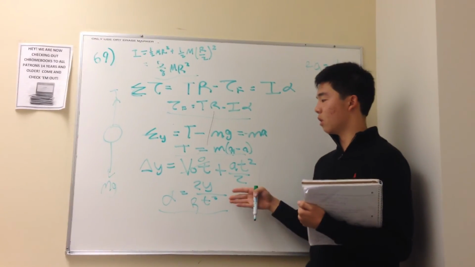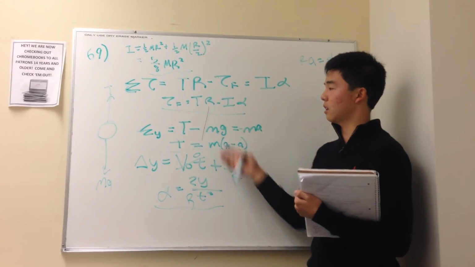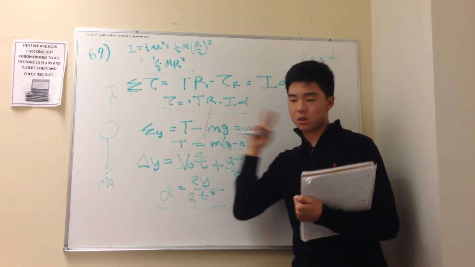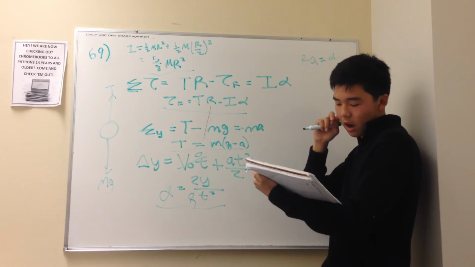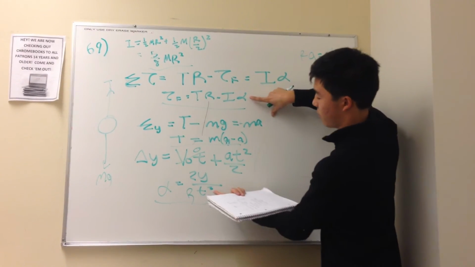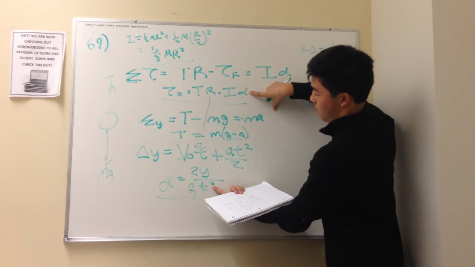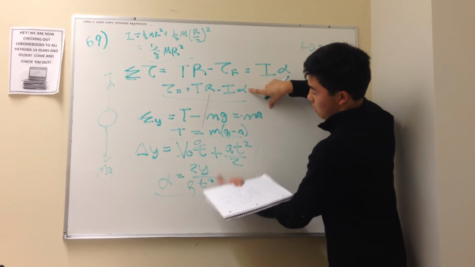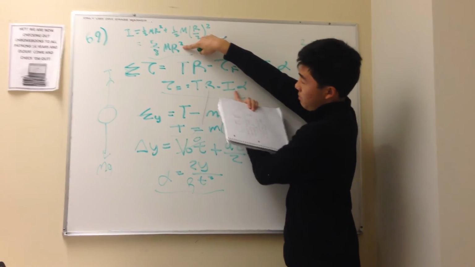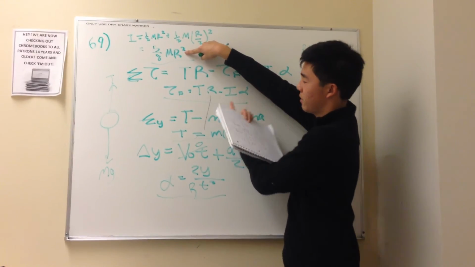We plug all three into what we found for the frictional torque: you plug in this for alpha, angular acceleration, this for tension, and this for moment of inertia.